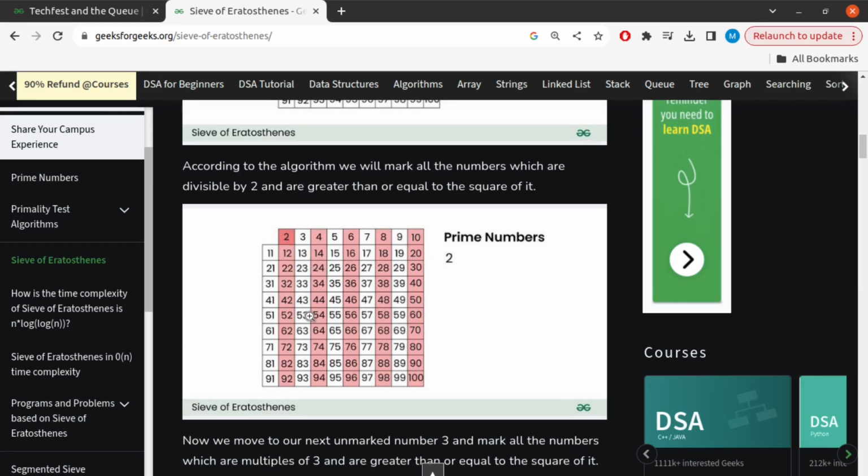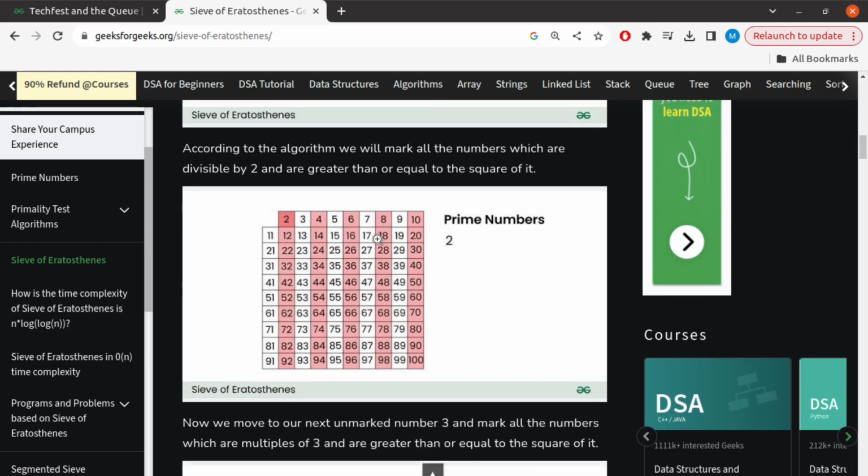Once we have colored them, we increase our iterating counter to the next element, which is 3. Again 3 is an uncolored item, so we append it to our list of prime numbers. Now the prime numbers are 2 and 3, and we repeat the same process, coloring all the multiples of 3 with a certain color.